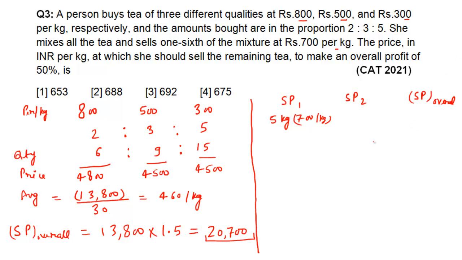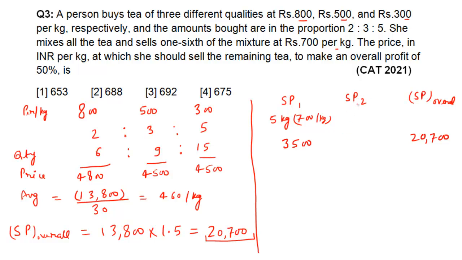Overall is 20,700. So 5 kg at the rate of 700 per kg will give me 3,500. So 3,500 is the selling price for this 5 kg.